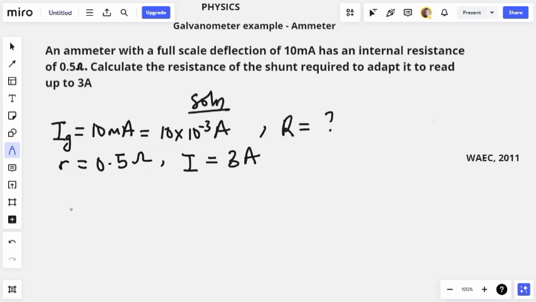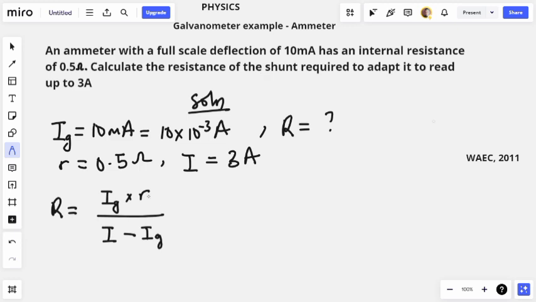So I could just write out the formula: R equals the galvanometer current times its internal resistance, divided by the ammeter reading minus the galvanometer current. We already described how we get to this formula in one of our videos on how to convert a galvanometer to an ammeter. You can check it up.